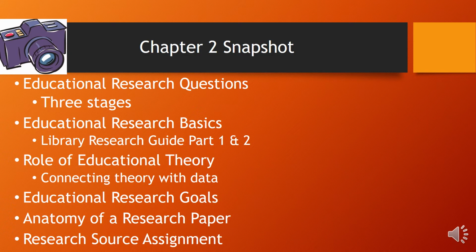The role of educational theory, in which we connect theory with data, educational research goals, the anatomy of a research paper, and information on how to complete the research source assignment.